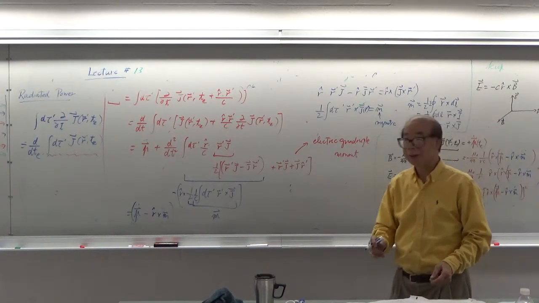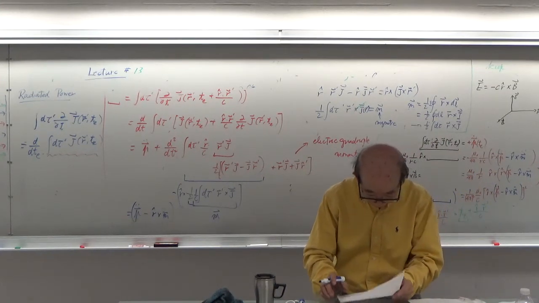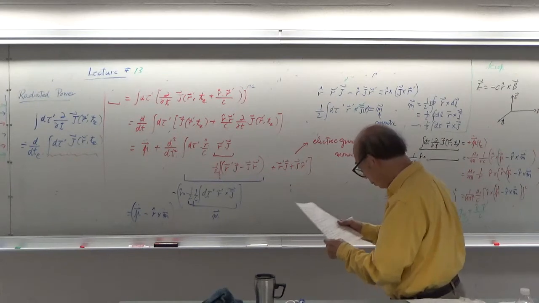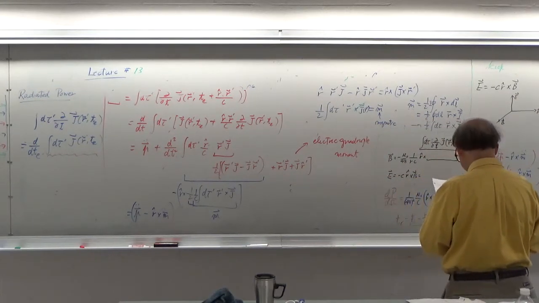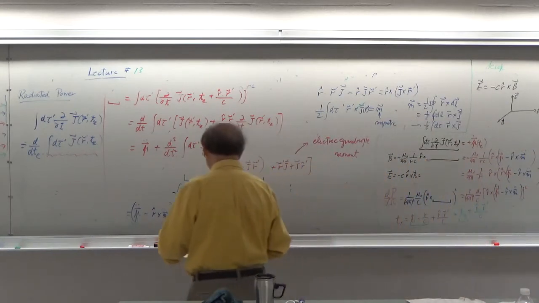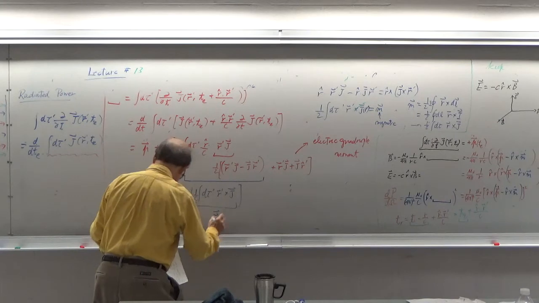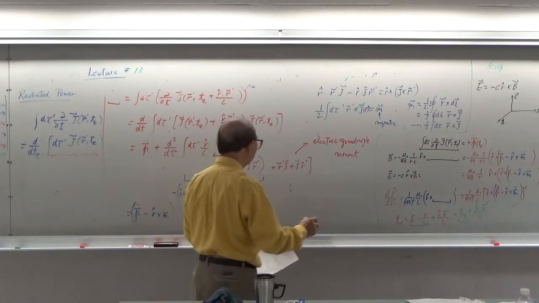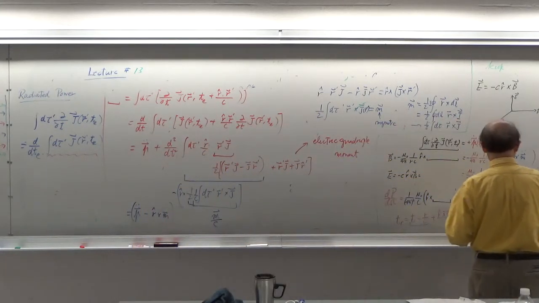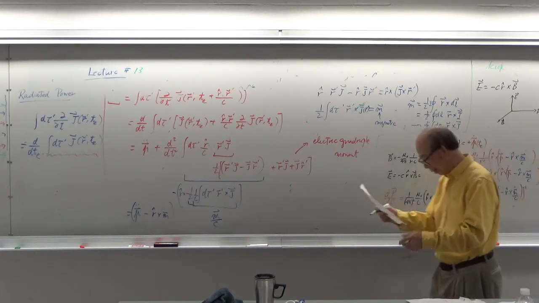Let me check against my notes. This is 1 over c. I've forgotten 1 over c. Yes, this is 1 over c. See, this is a good thing that I checked. 1 over c. What else?